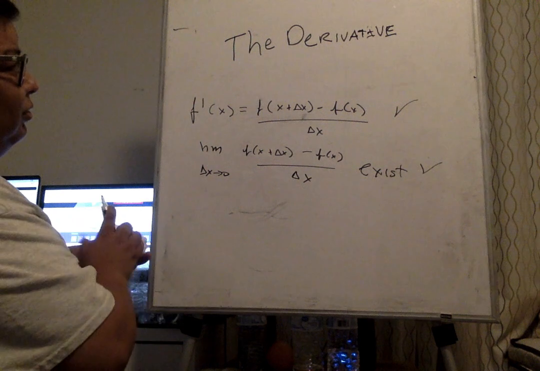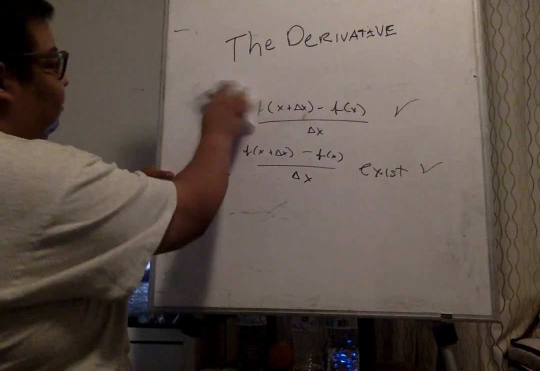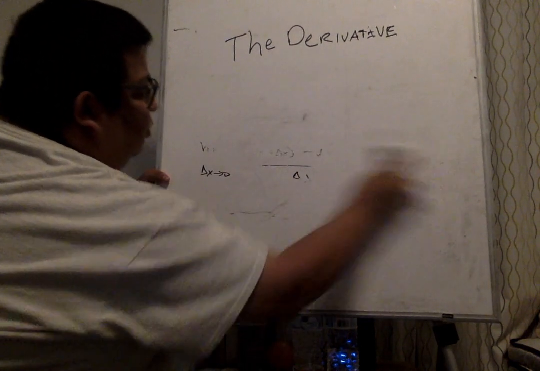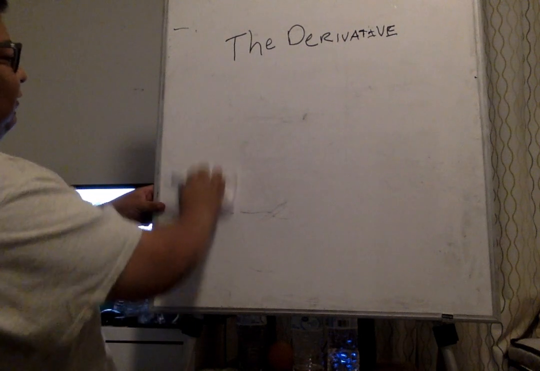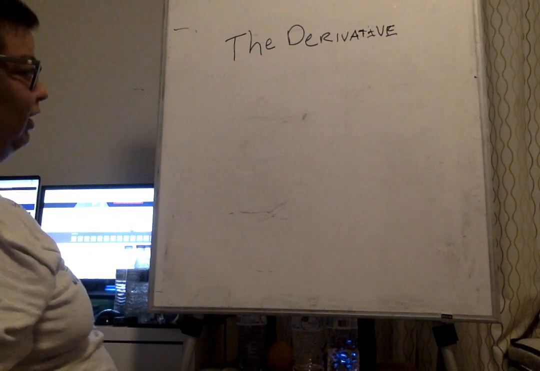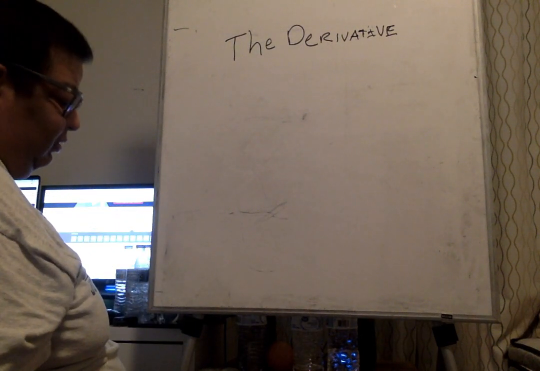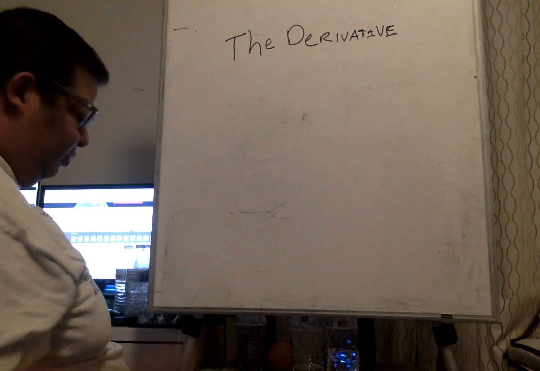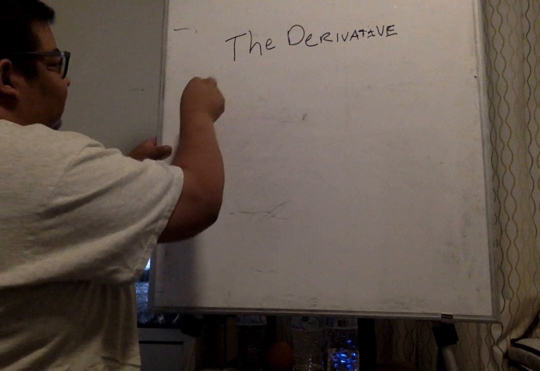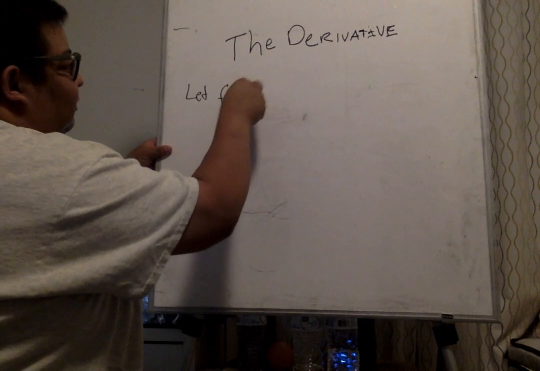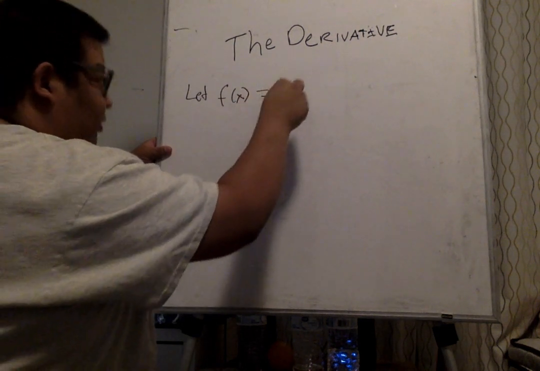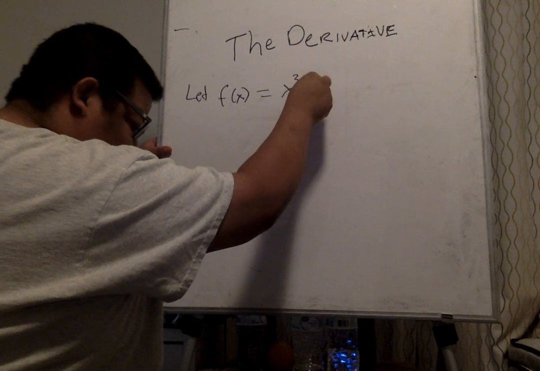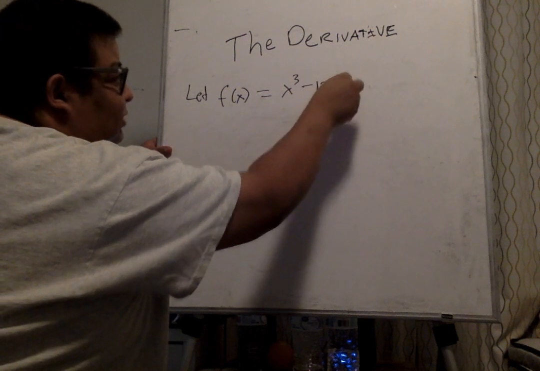So now let's go to our final topic in this lecture, which is how to find the formula of the derivative, the slope of a curve. So let f of x equal x cubed minus 12x.